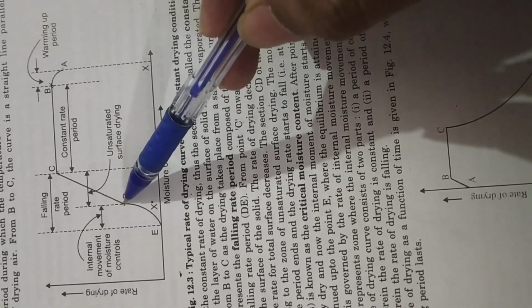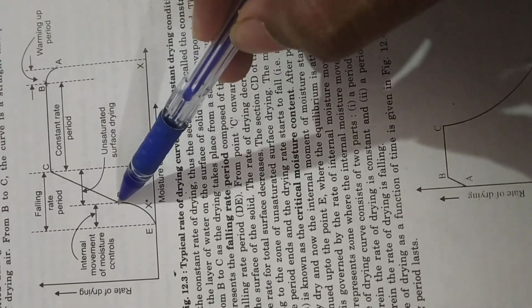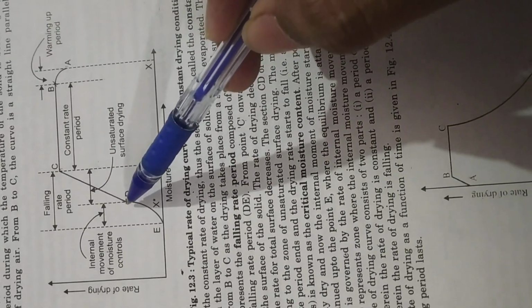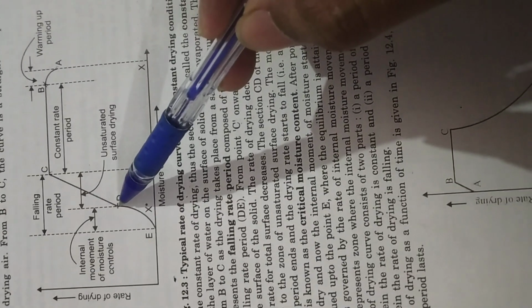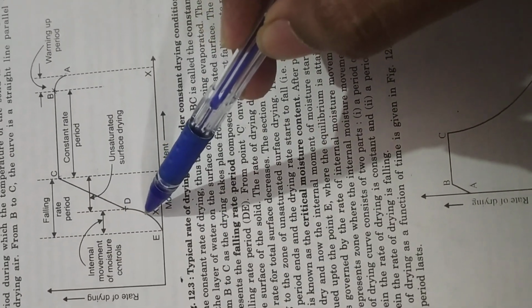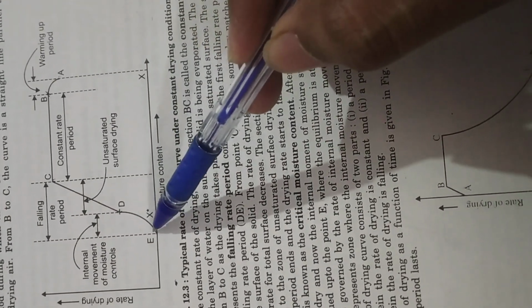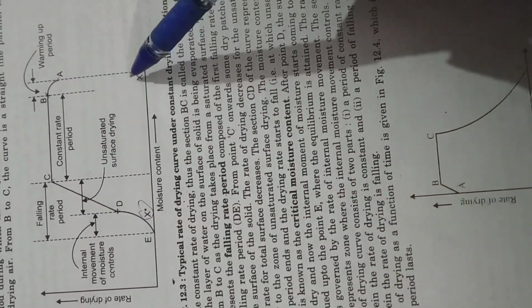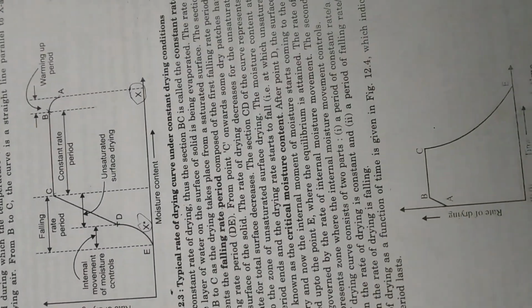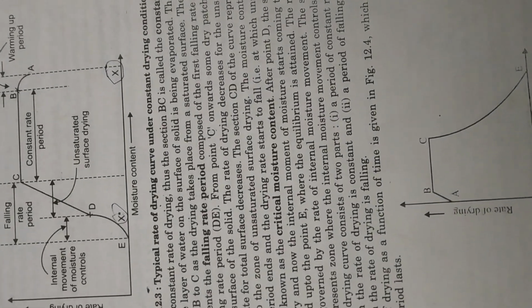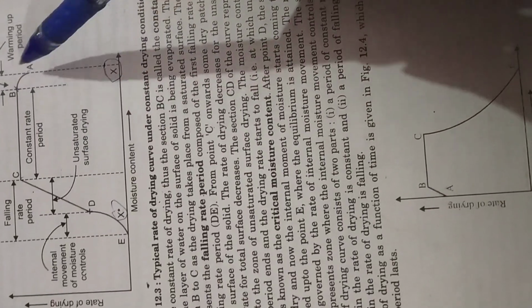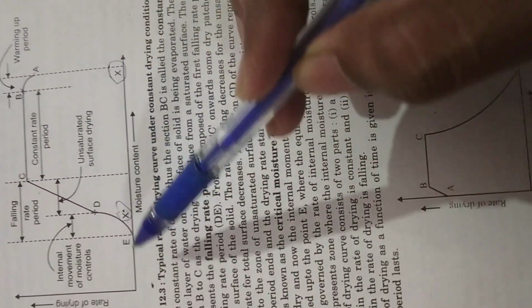After that the moisture content is less, so internal movement of moisture in the solid starts, and it releases the moisture up to this X star, which is the equilibrium moisture content, the moisture to be held in the solid.